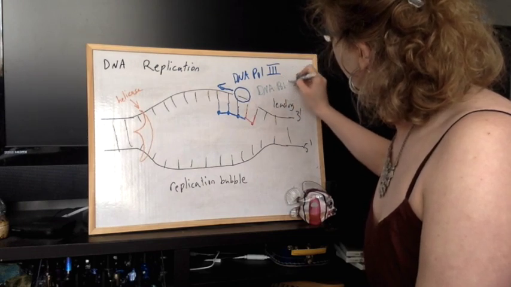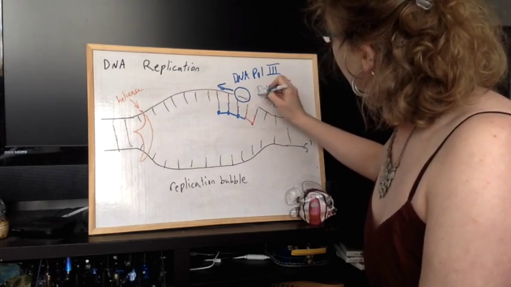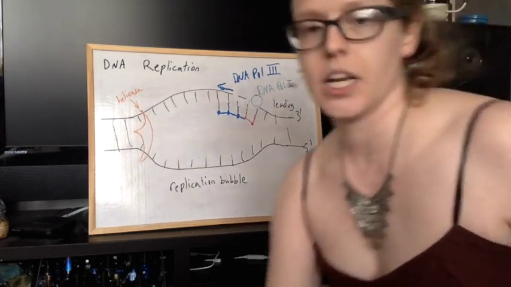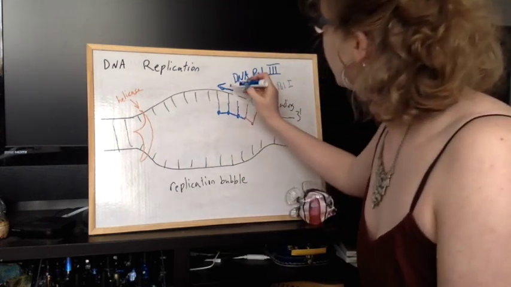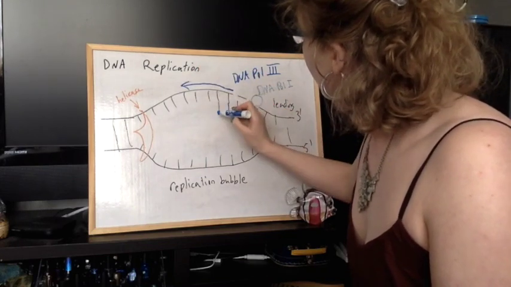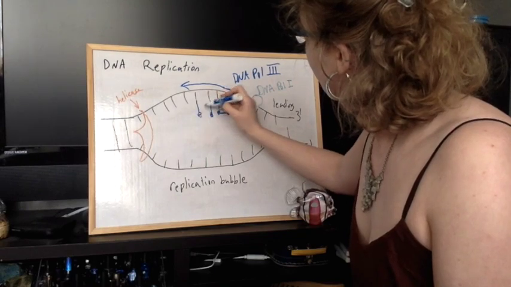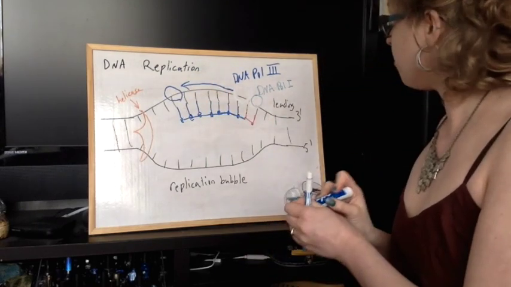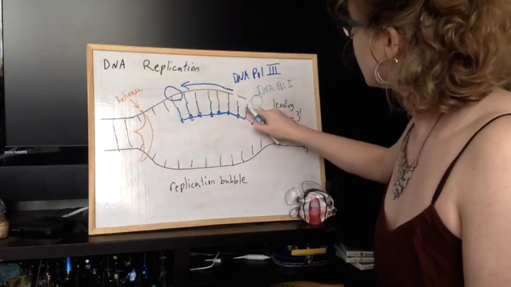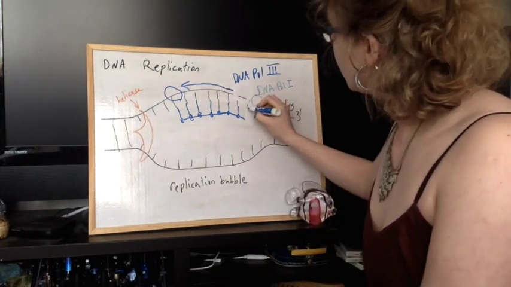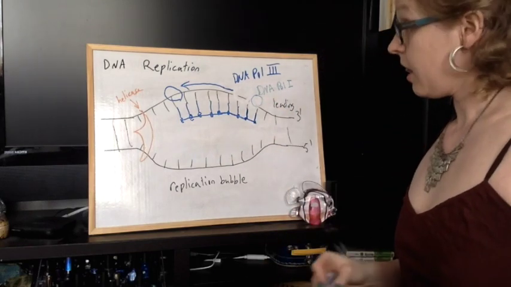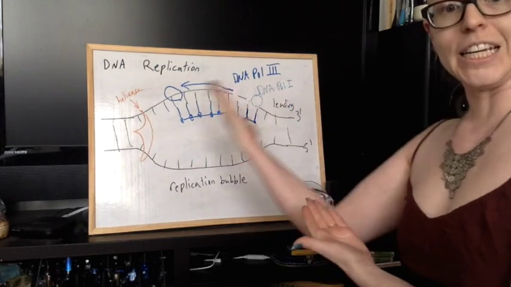DNA pol 1 comes in after DNA polymerase 3 is already off and running. And DNA polymerase 1 replaces the primer with DNA. Leading strand.